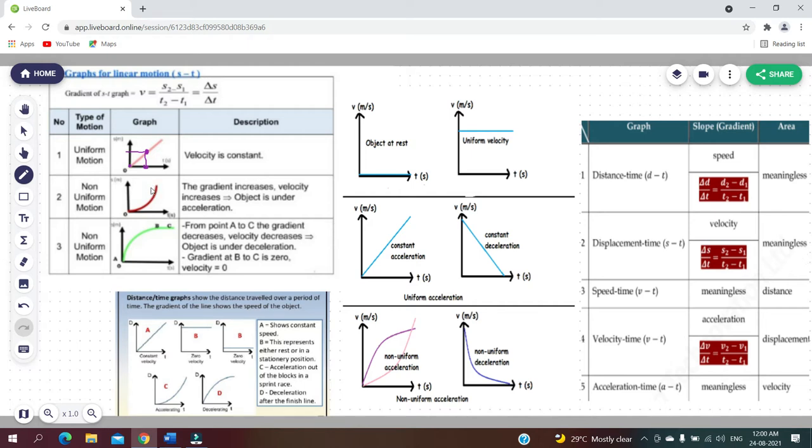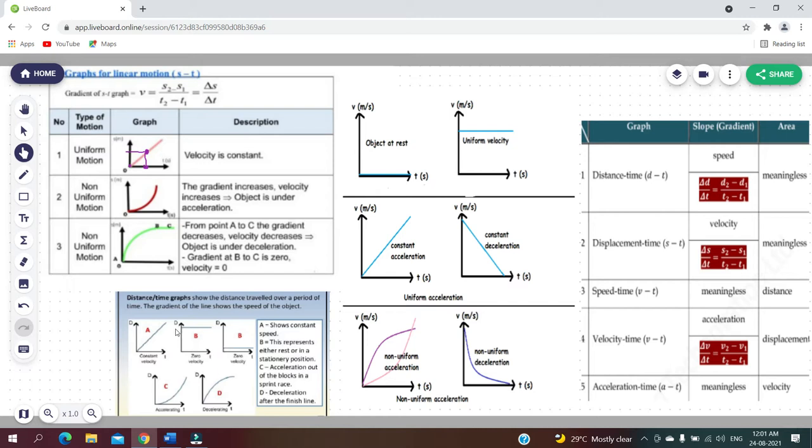Now when we encounter a distance time graph which is a horizontal line parallel to the time axis, what can we interpret about this graph?